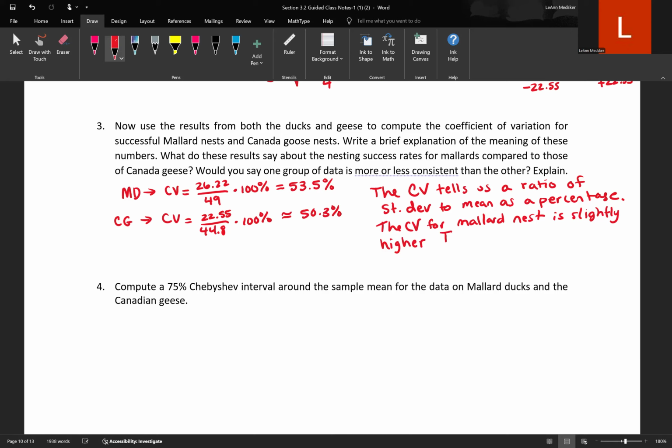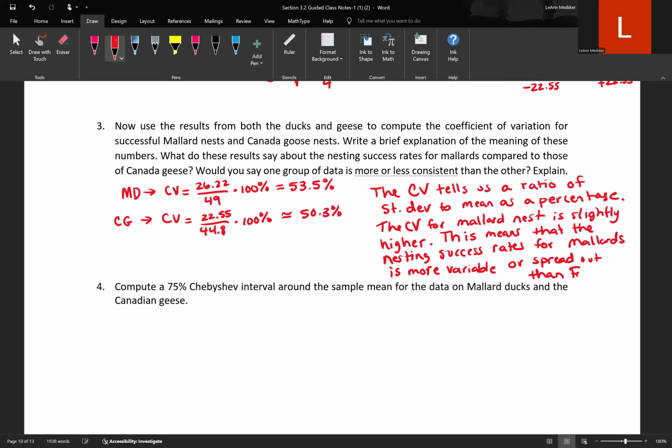This means that the nesting success rates for mallards is more variable, or spread out greater, than for geese.